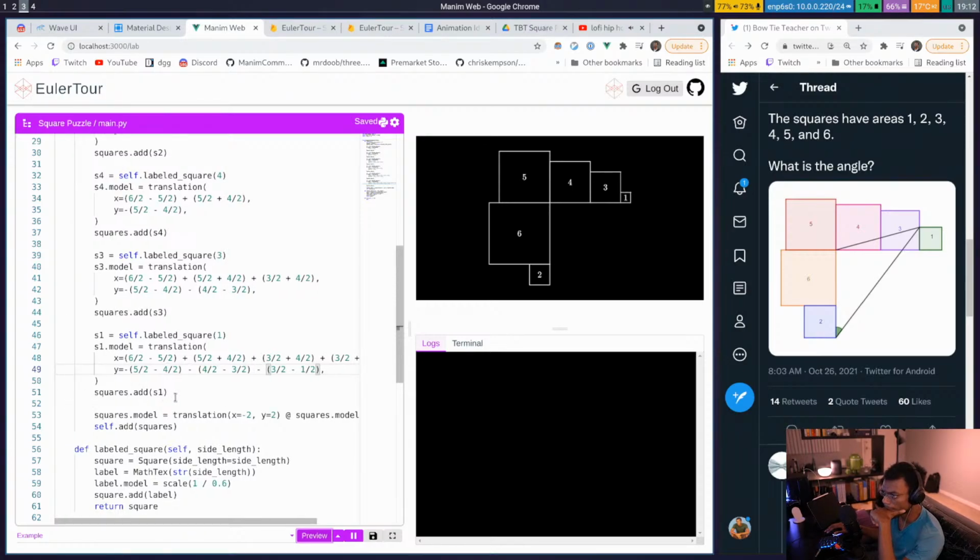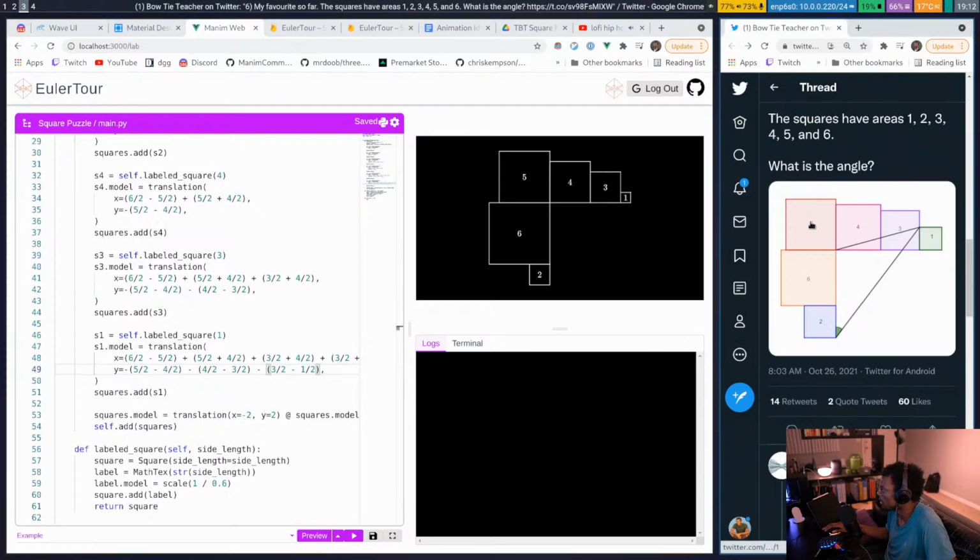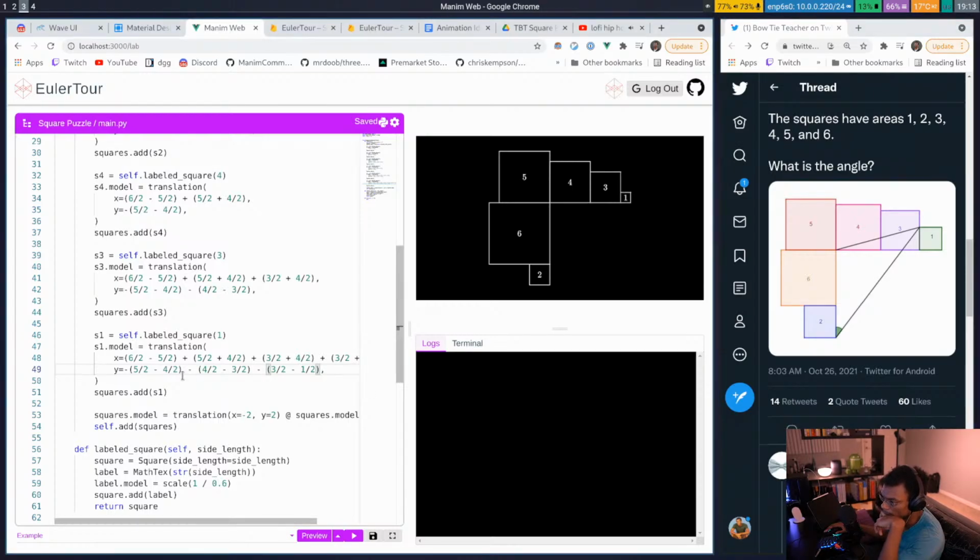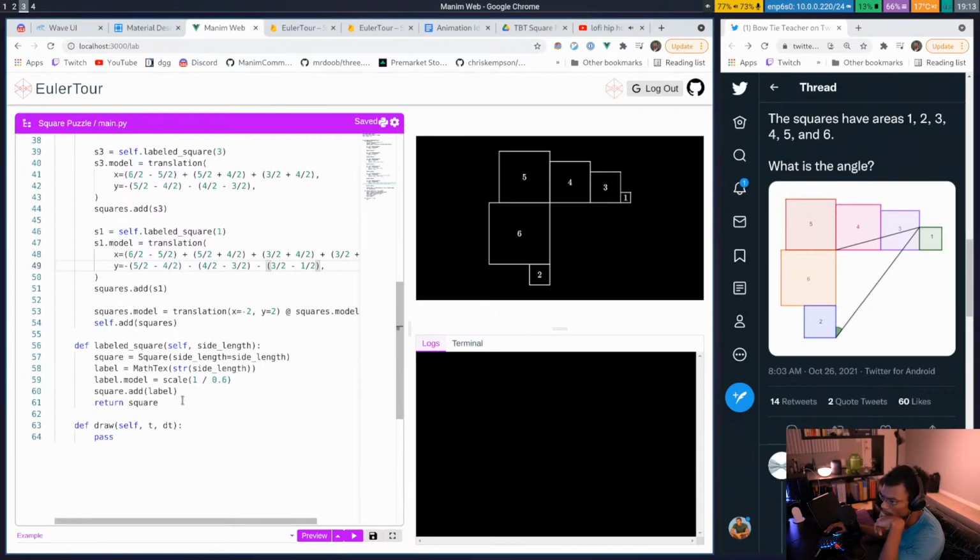Okay. Okay, that shouldn't be too hard. Mostly just getting the center of this, then that offset, then the center of this and that offset. So for one of these squares, maybe I should have like a get corner or something.